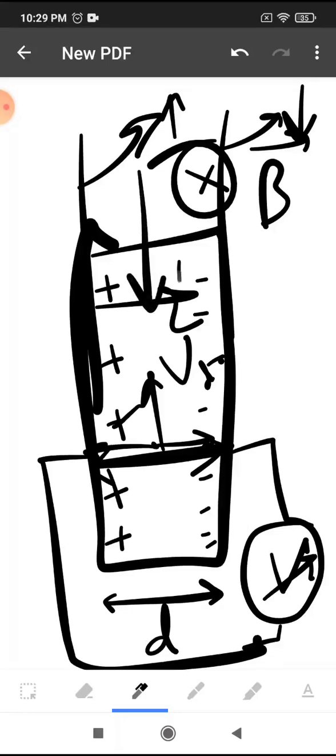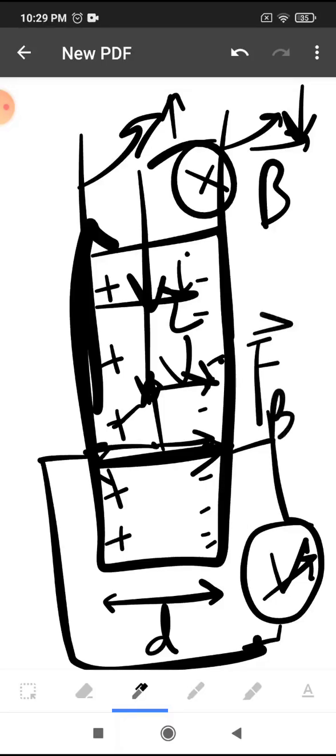If current is flowing in this direction, let us assume that the charge carriers are positively charged. They are moving along the direction of current, which implies that if the force starts acting on this charge carrier, it moves to the right. It moves to the right edge by Fleming's left hand rule.